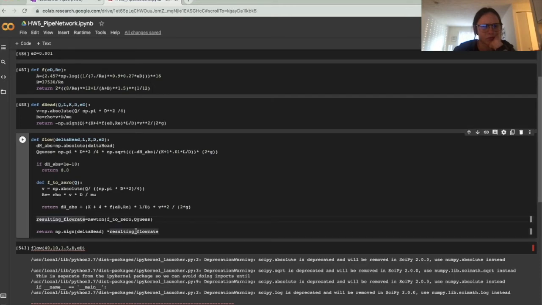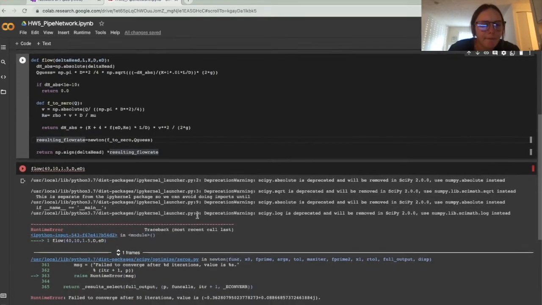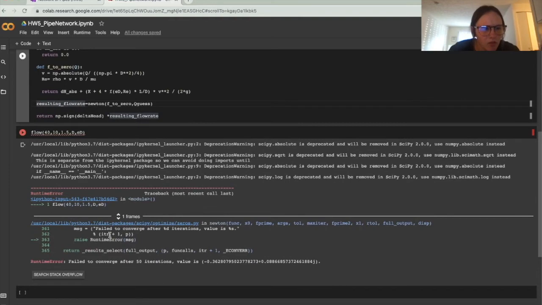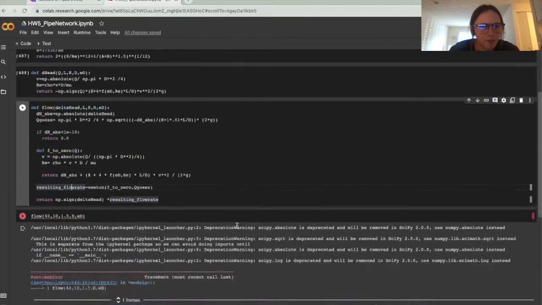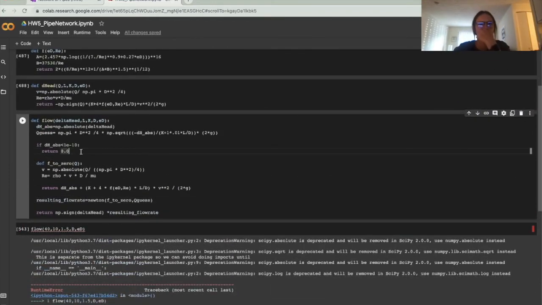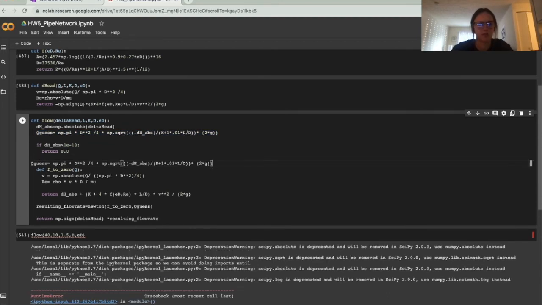The resulting flow rate. So it's a runtime error. But that should have been fixed with this. Let's put this after.